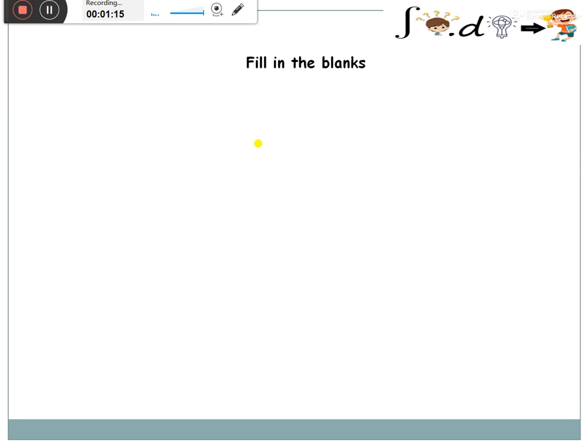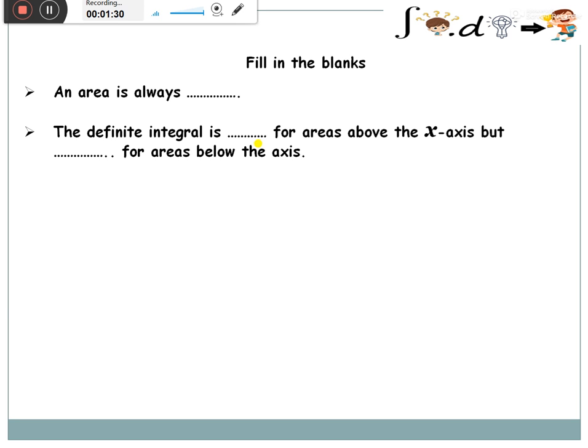And now we have to do filling the blanks. An area is always dash. Remind, yes, an area is always positive. The definite integral is dash for areas above the x-axis but dash for areas below the x-axis.